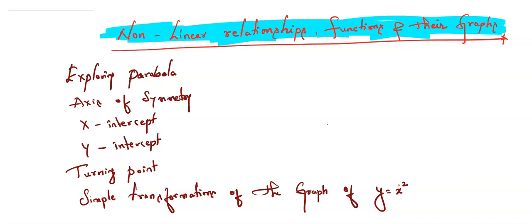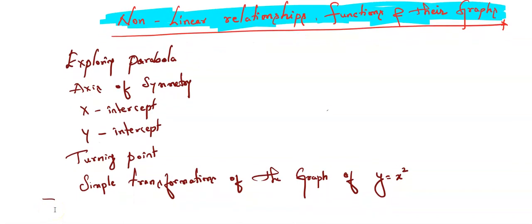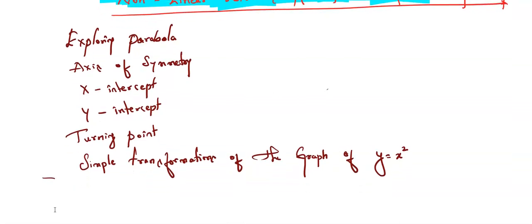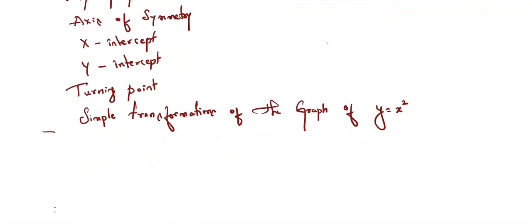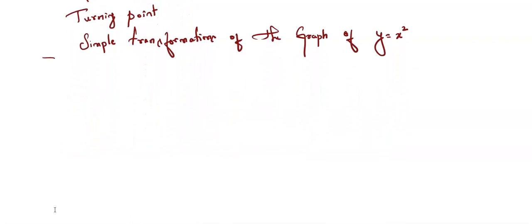We are going to explore the parabola and then the axis of symmetry, x-intercept, y-intercept, turning point, and simple transformations of the graph of y equals x square. I hope you all are enjoying this session. This one video consists of many topics. These are very important topics for your examination point of view and also for the academic curriculum. Let's start.